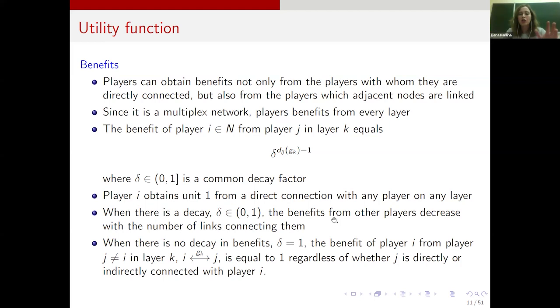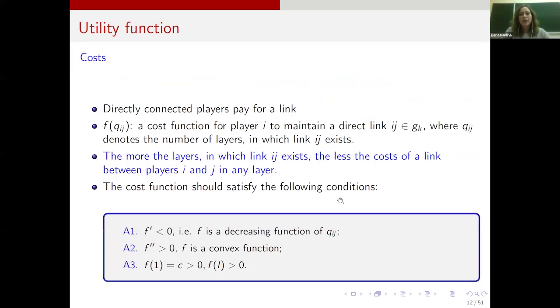And we examine two cases and consider a comparison of the results. Now, the more interesting part is cost. So directly connecting players pay for the link. So this is the cost for any player. If a player has no links, he has no costs and no benefits.